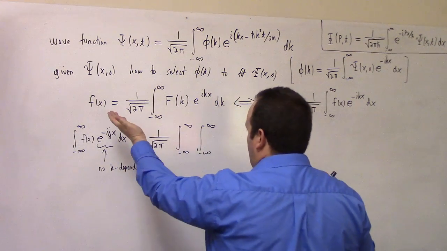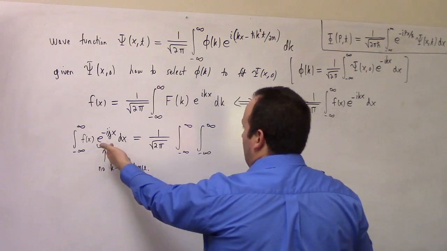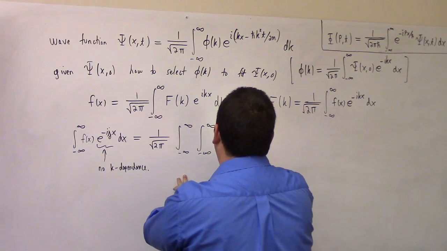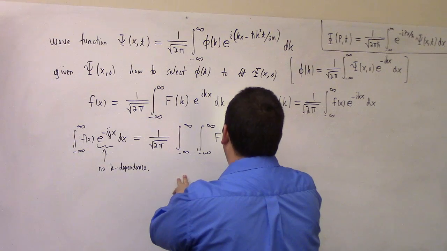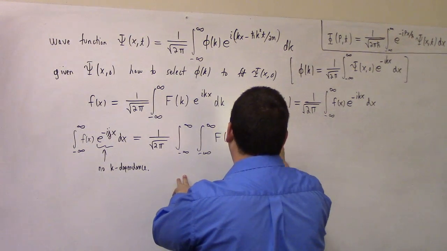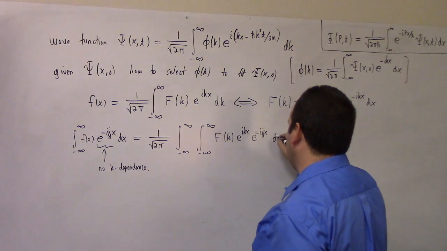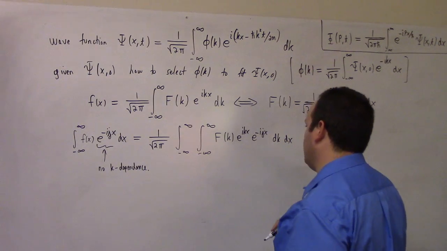If it is that integral, then this has no k dependence, so I can bring it inside that k integral, and I've got f of k times e to the i k x, e to the minus i j x, dk dx.